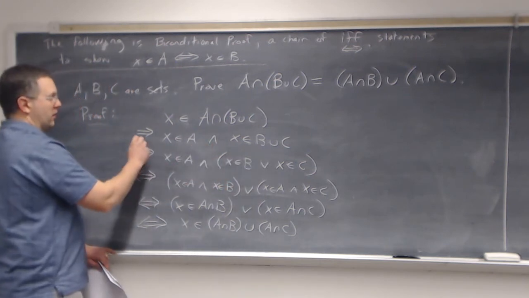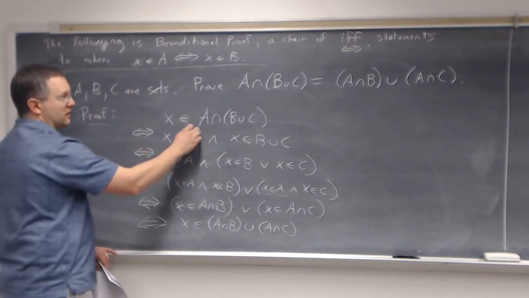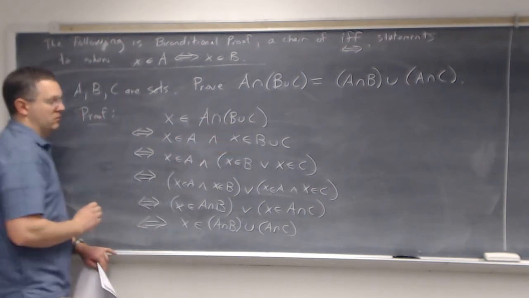By the definition of intersection, that implies that x is an element of A intersect B union C.